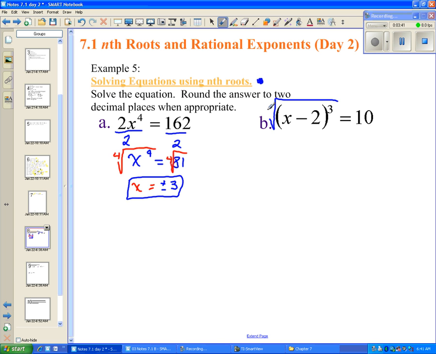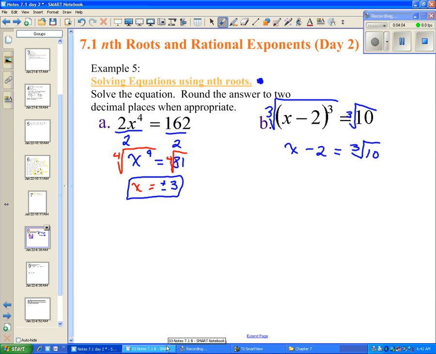So I'm going to do the cube root of both sides. When I do the cube root of both sides, on my left side, I'm going to come up with x minus 2. On my right side, I'm going to have the cube root of 10.